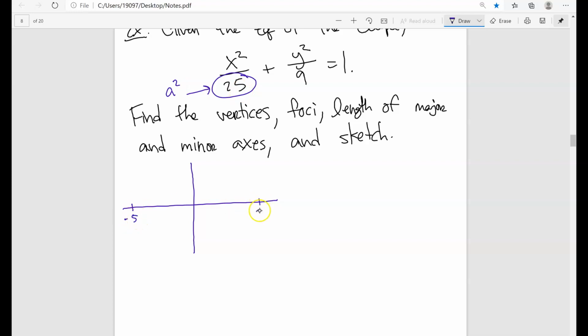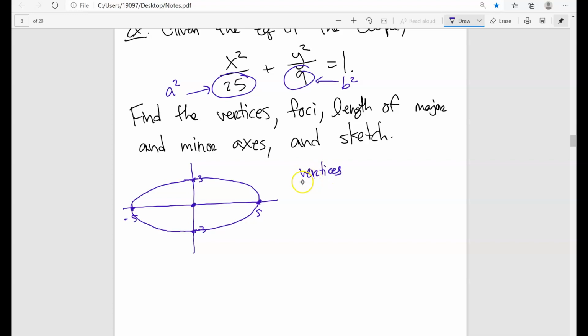So on the x-axis it's going to be 5. On the y-axis, this is b squared, so this is going to be 3. So the graph kind of looks like this. Okay, so that's the graph. Notice that it's centered at 0, 0. So what are the vertices?